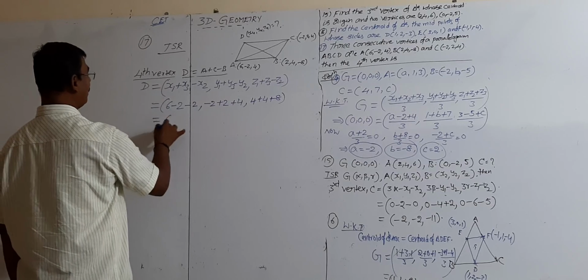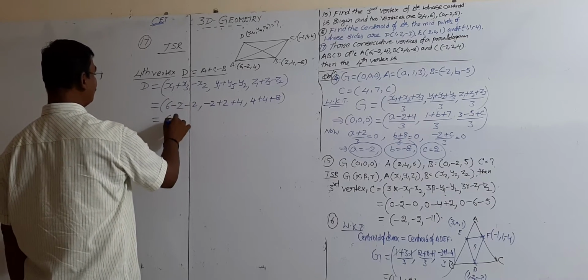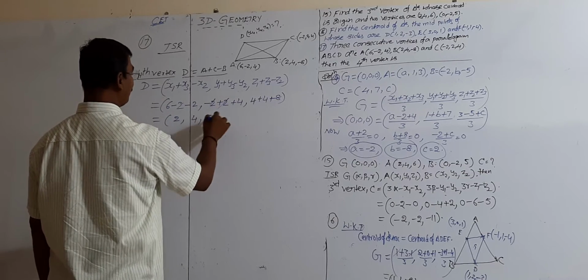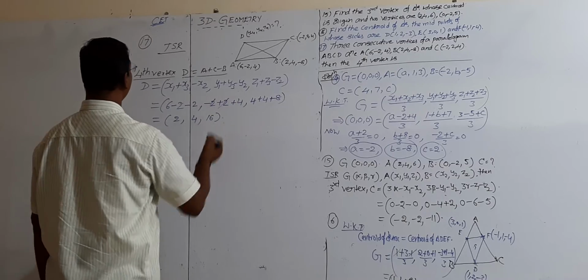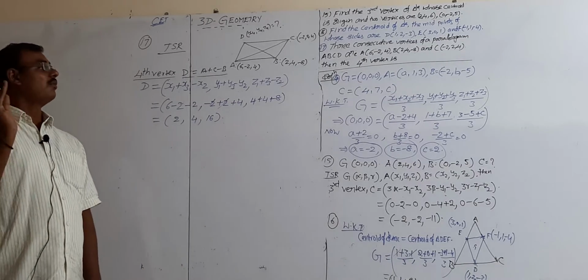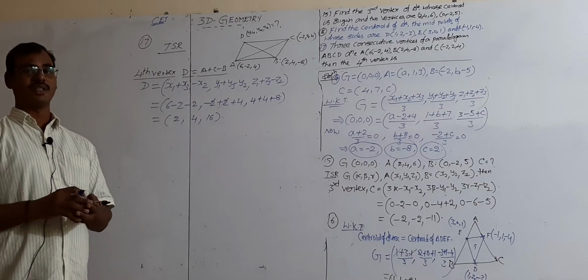The answer: 6 minus 4 is 2, y is 4, and 4 plus 4 plus 8 is 16. This is the fourth vertex of the parallelogram. Very easy, within 5 or 10 seconds we can solve the question.